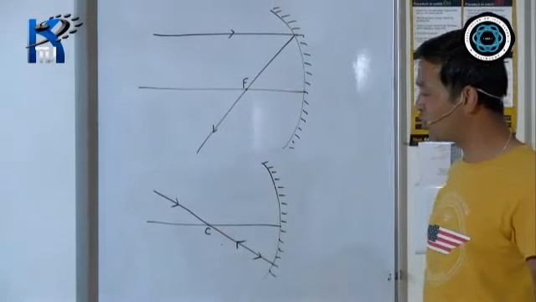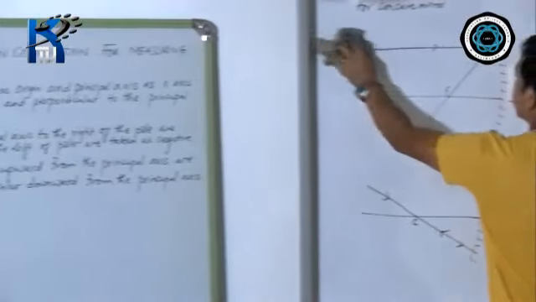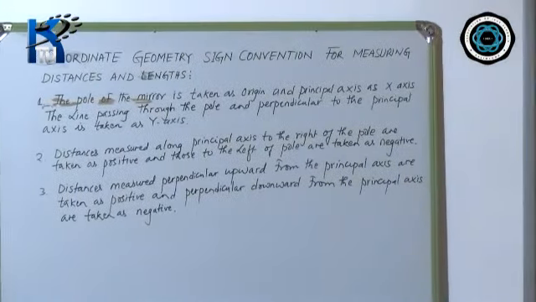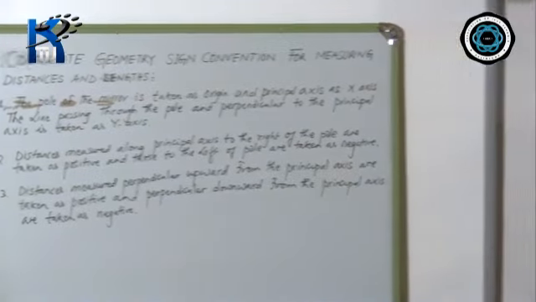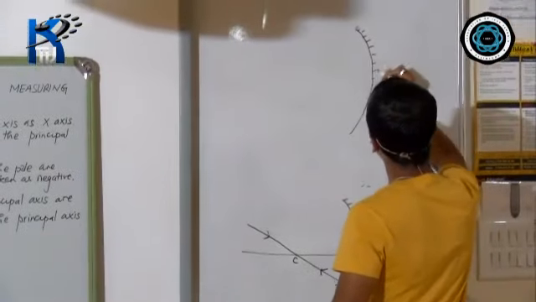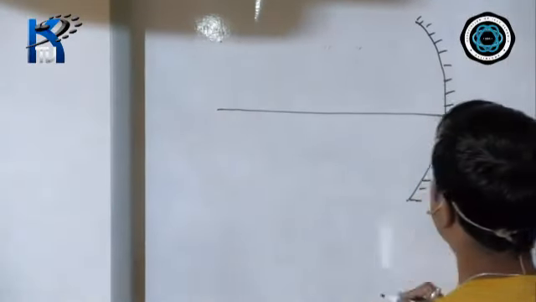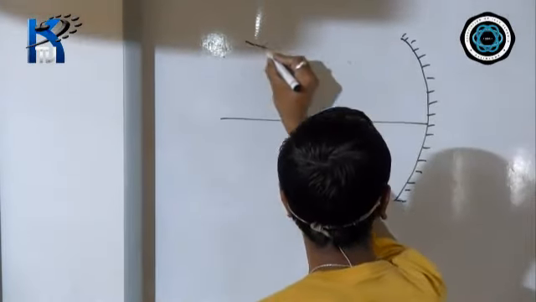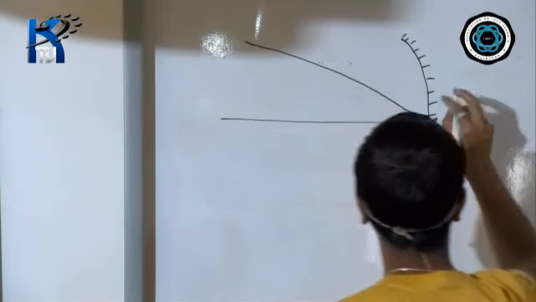Okay, let me do another one also. Let me take another case of a concave mirror in which the light reflects in a particular direction. Suppose the light is incident exactly at the pole. Now look at this point. This point is called the pole.